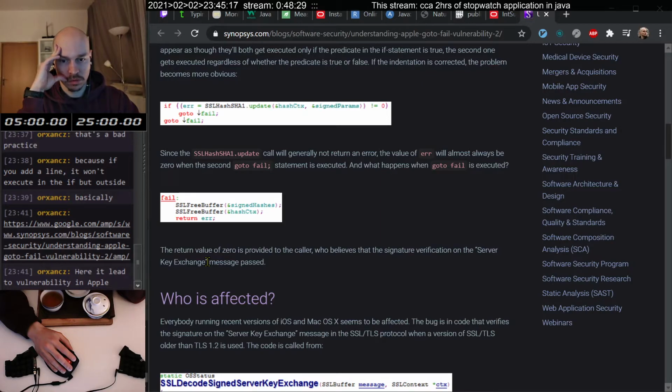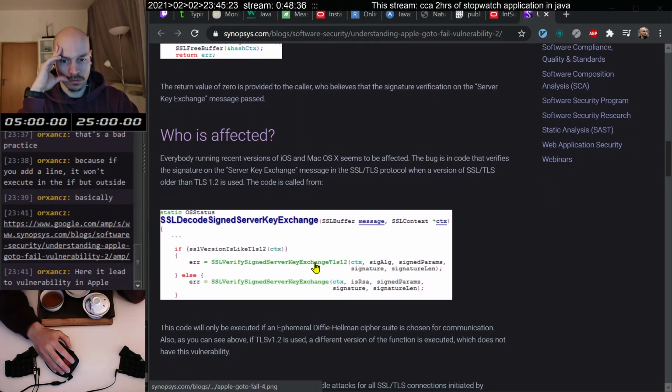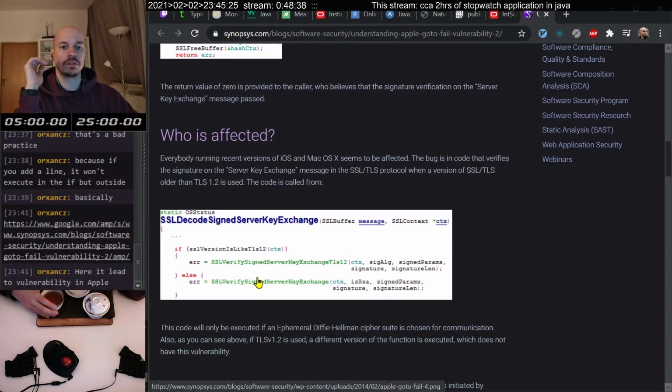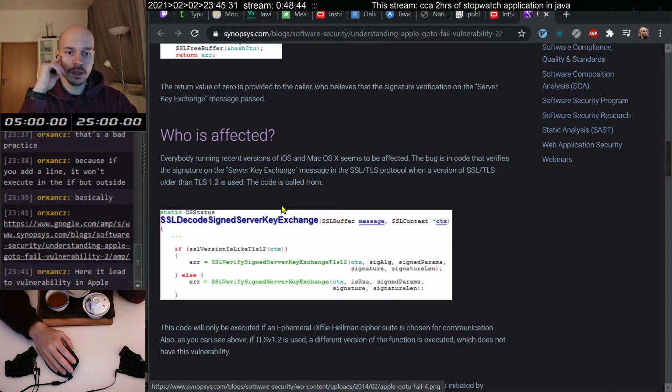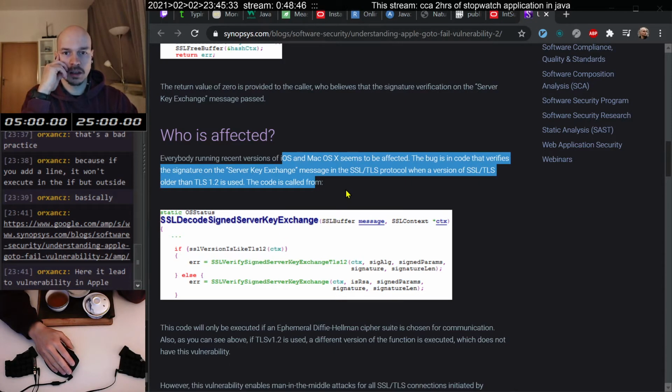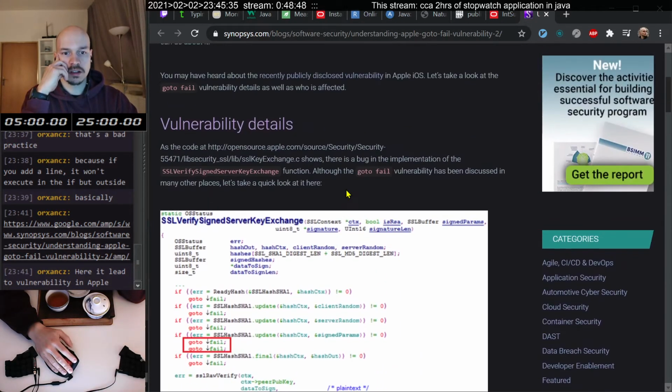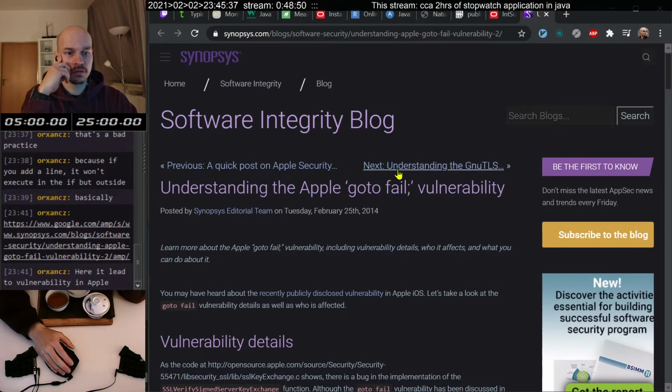Oh, so that means, okay. Everybody running a recent version of iOS and macOS. Is it still something they did not fix, or how old is this? Oh, 2014. So hopefully they fixed it by now.